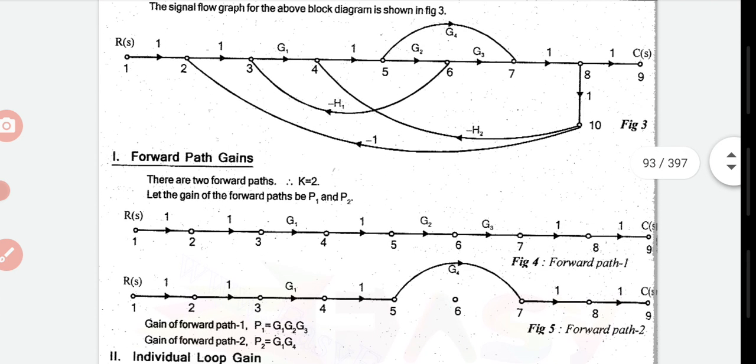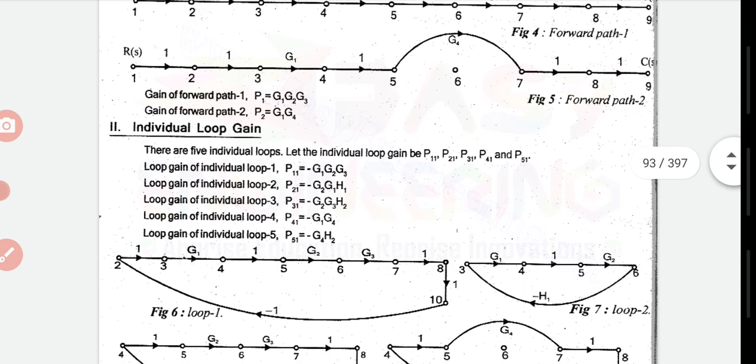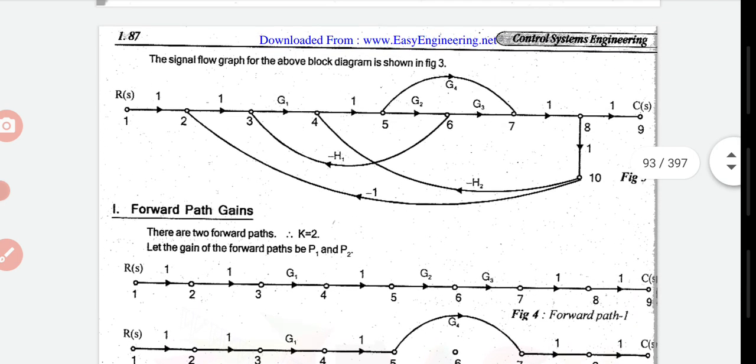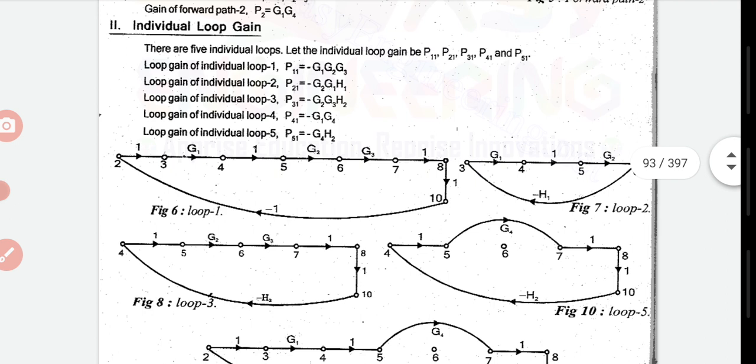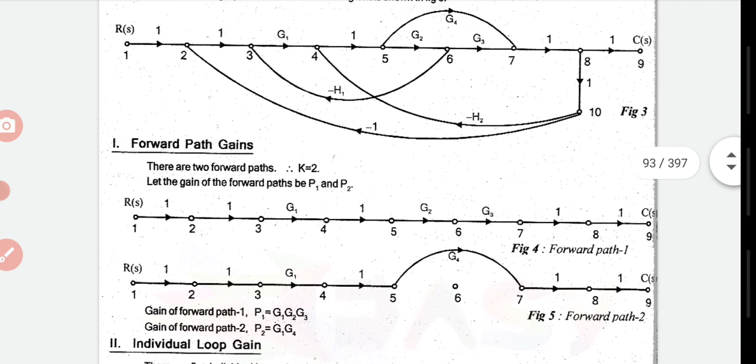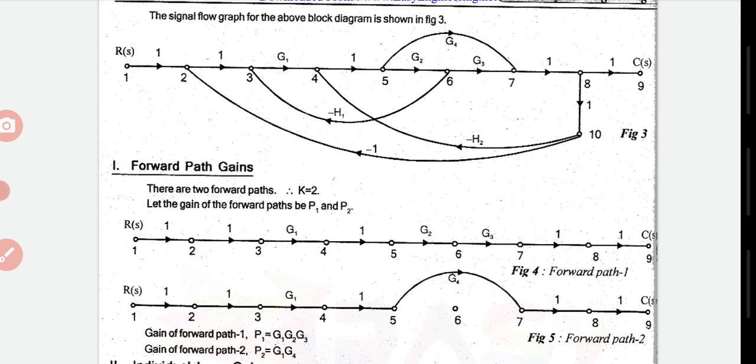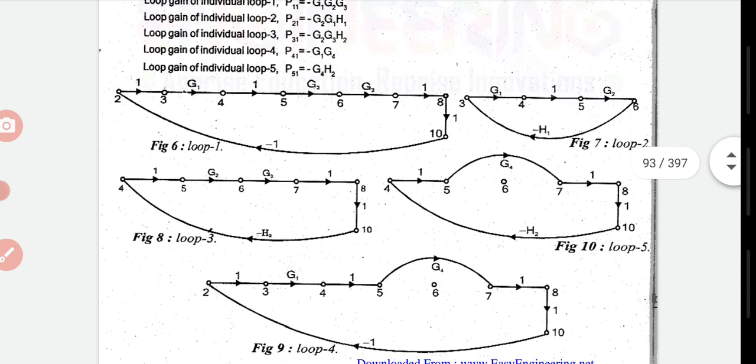From third node to sixth node you have the second loop. After that, from fourth node to eighth, the third loop. And after that, from fourth node to fifth node, from fifth node to seventh node to eighth node, we have one more loop.